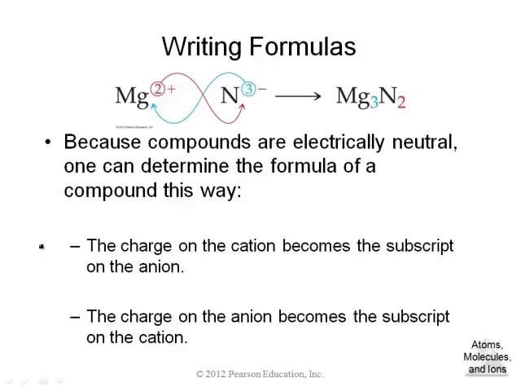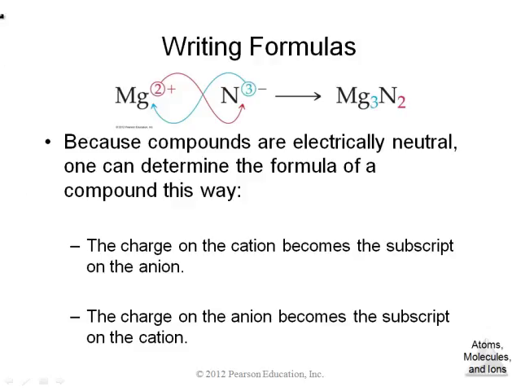And how do we figure out how many magnesium ions and how many nitride ions should join together? The key point is, once they form a compound, they should be electrically neutral. How can we make sure? All you need to do is this, as shown in this picture.